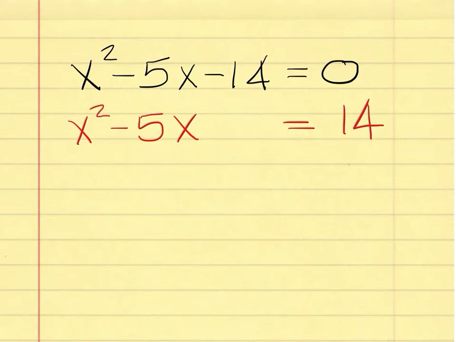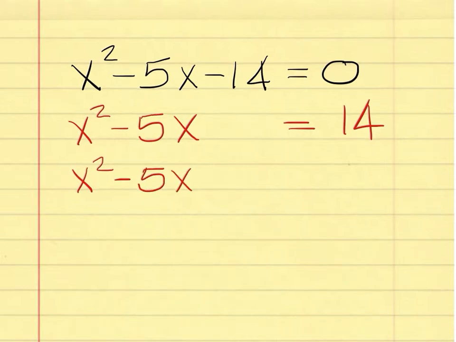Now I need half of 5. What number do I divide 5 by to find half? 2, so I could have 5 over 2. 5 over 2 is going to be half of 5. Here's 5, we've divided it by 2.